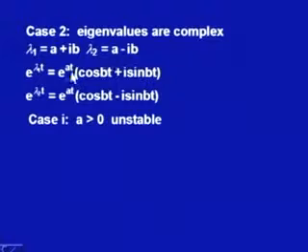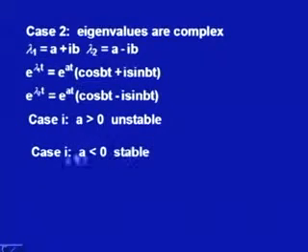So, as t tends to infinity, the solution may go to infinity or may tend to 0, depending upon whether a is positive or negative. In the case when a is positive, we will always go away from 0 because of this positive exponent, and in that case we say the solution is unstable.